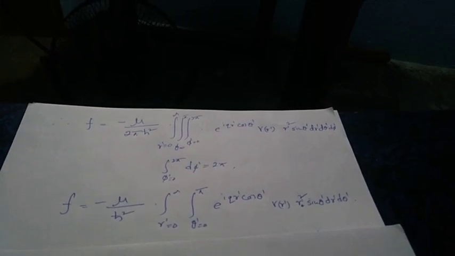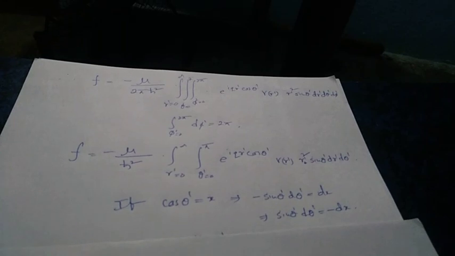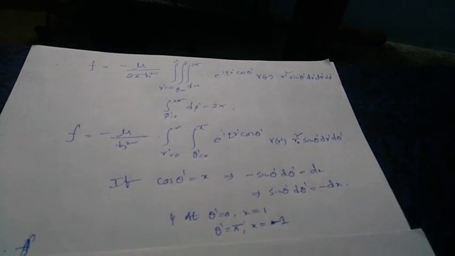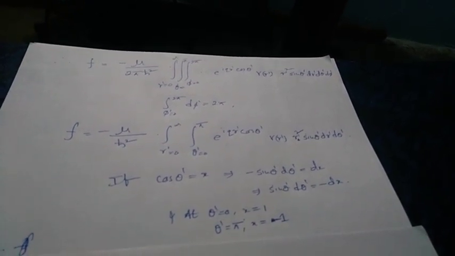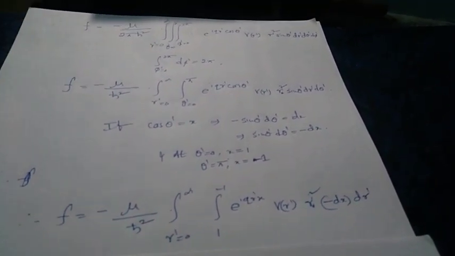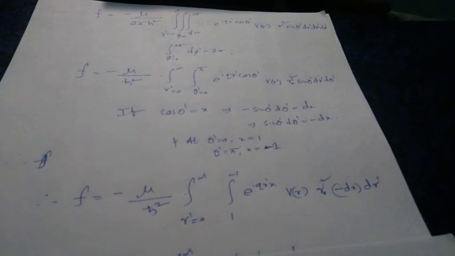To do the integration for θ', we can call cos θ' as x, so that sin θ' dθ' can be written as minus dx, and the limits: when θ' was 0, x will be 1, and when θ' is π, x will be minus 1.